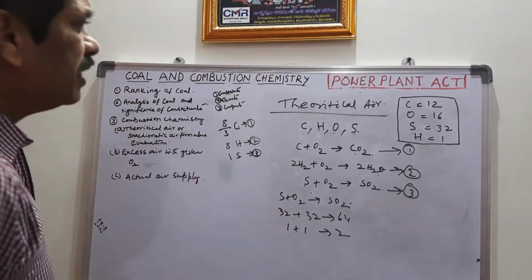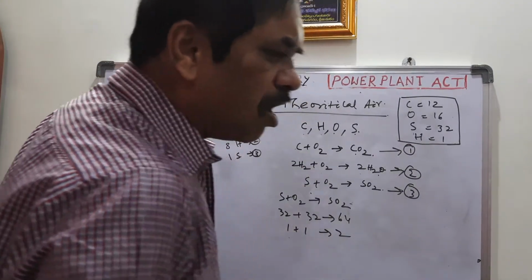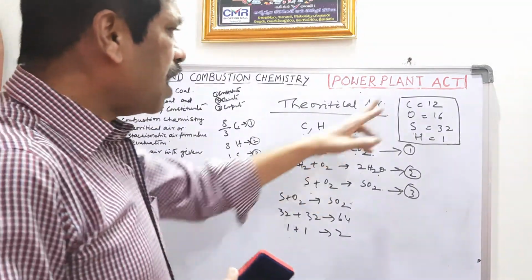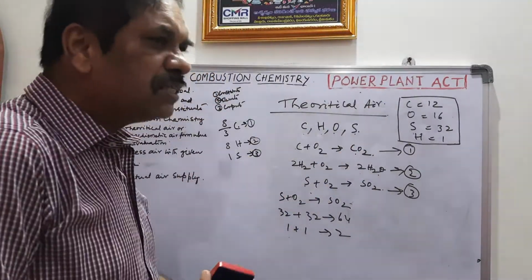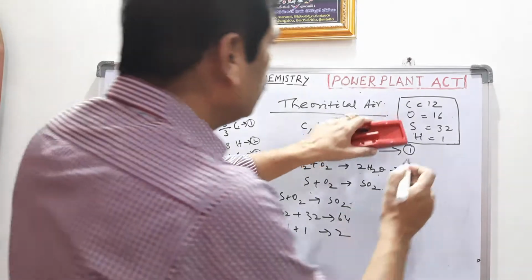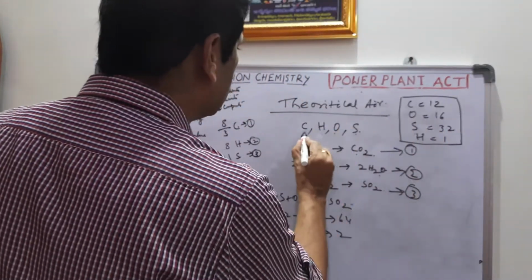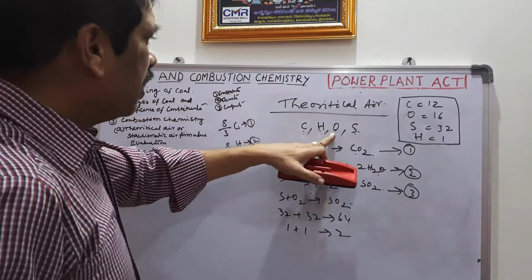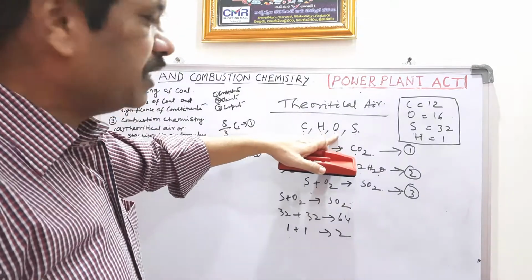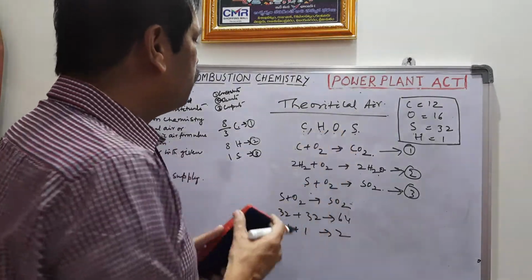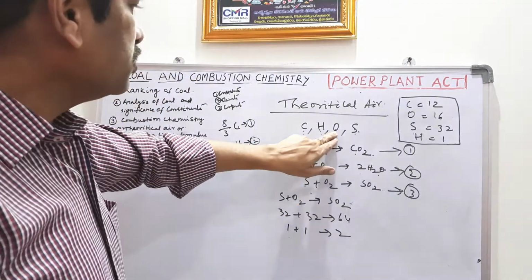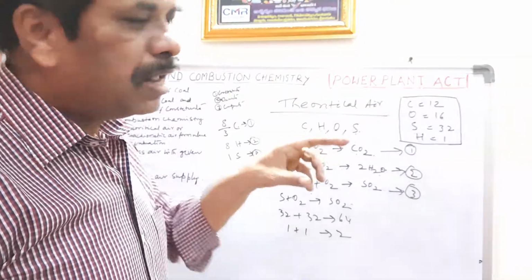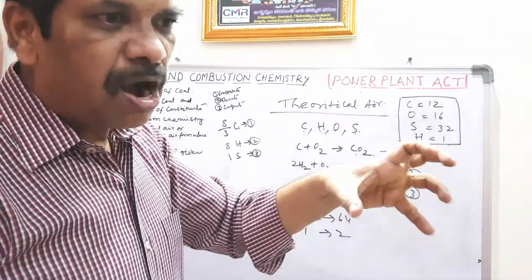Apart from that, in the ultimate analysis, there is oxygen also present: carbon, hydrogen, oxygen, sulfur. Oxygen also remains in this. So already oxygen is present in coal, and apart from that, you are supplying oxygen.